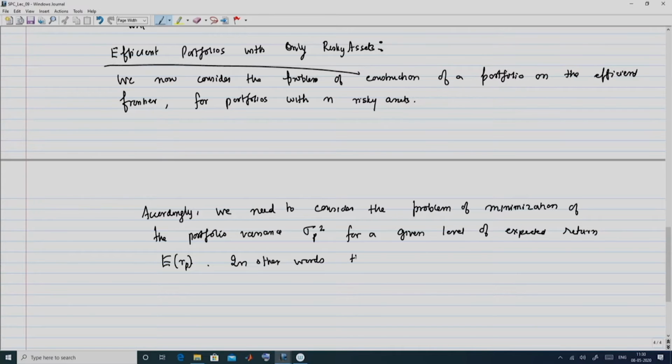So, in other words, the problem involves determination of weights that minimizes the portfolio variance.